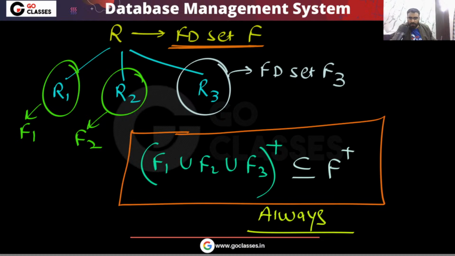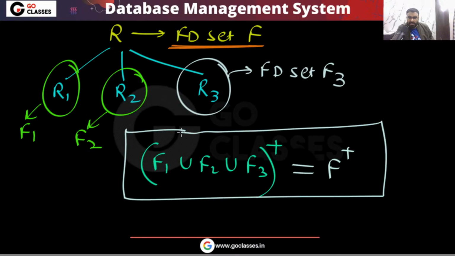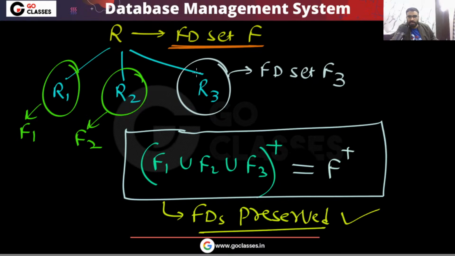Now if they become equal, then we will say that functional dependencies are preserved. FD preserved. Basically, no FD is lost.